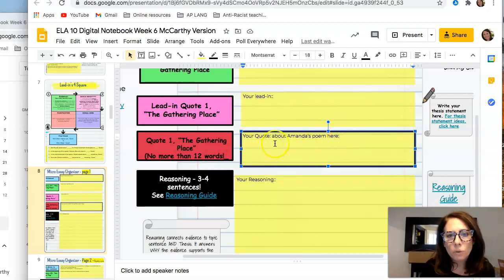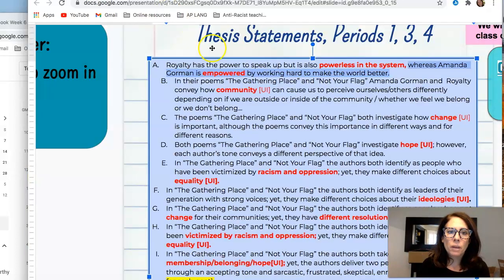And it says, quote, this is the quote about Amanda's poem, and you would put a quote in that. Okay, you do the same thing for royalty, all right? His poem. So here, if I'm choosing this thesis, you don't have to, but if I am, as an example, royalty has the power to speak up, but is also powerless.